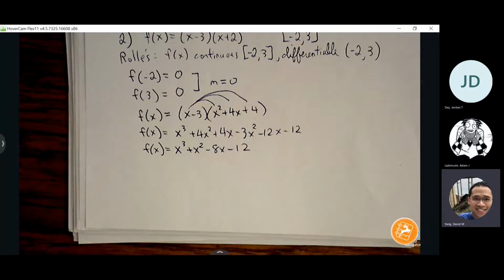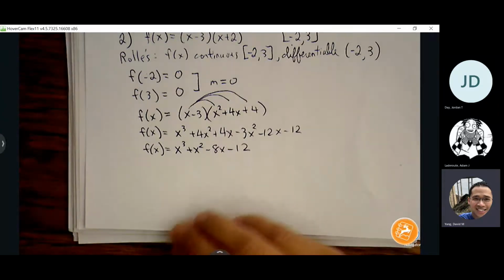Okay, expanded everything out, makes it an easy power rule problem.